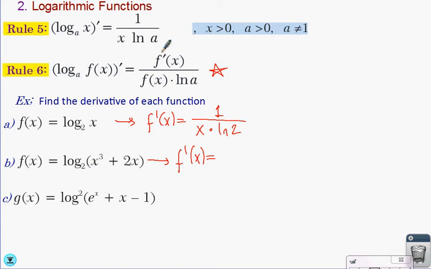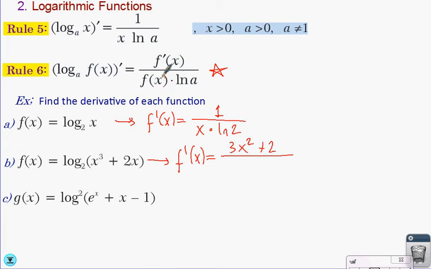What the rule says: the derivative of the function part goes to the numerator. The power 3 of x cubed will be moved before x cubed, then the power will be decreased by 1, which is x squared, and plus 2: power 1 will be moved in here. 2 times 1 is going to be 2 times x to the power of 0, no need to write. So that is the derivative of the function.